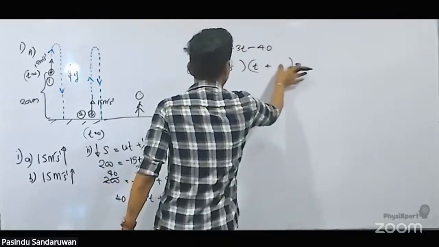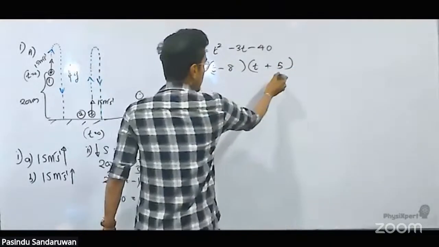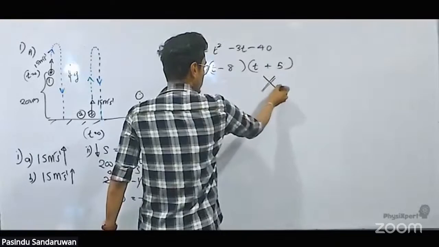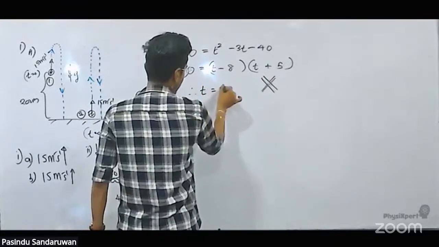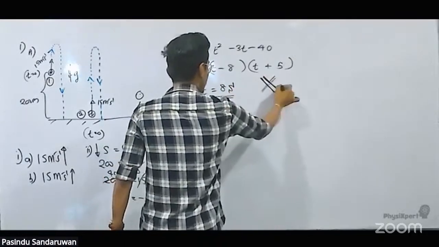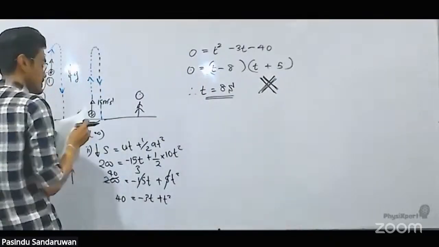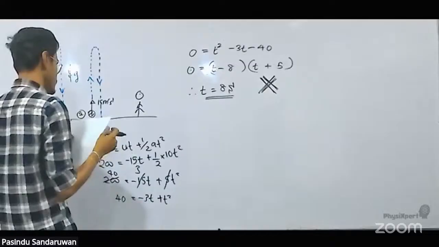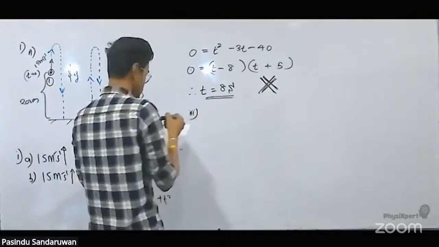The negative answer is contradictory, so t should be 8 seconds. No need to mention anything else; if you put a sign of contradictory like this, that is enough. So the answer for the second part is 8 seconds.